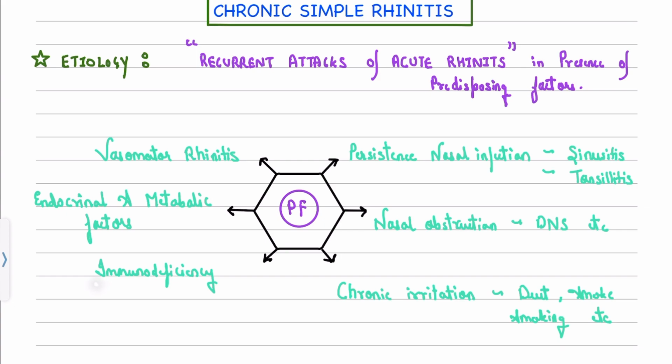Next, if the patient has any sort of immunocompromised state or is taking some drug, that becomes an important predisposing factor. We have vasomotor rhinitis, and we also see chronic simple rhinitis in cases of endocrinal disturbances and other metabolic factors. All right, these were all the predisposing factors and the definition of chronic simple rhinitis.